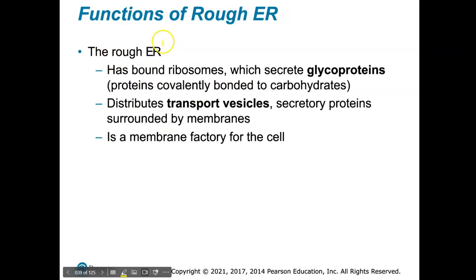The rough ER has ribosomes attached. So it's going to function in producing proteins and distributing those proteins into transport vesicles.